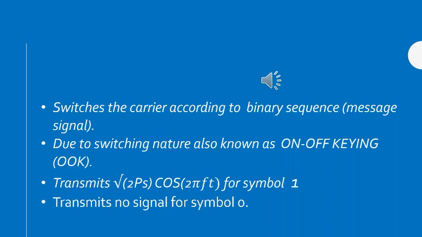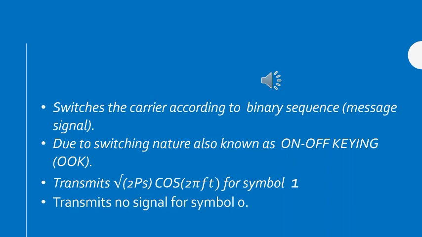That's why we have the signal A cos 2 pi fc t, and here we have substituted root 2Ps in place of A. So when there is symbol 1, this very carrier would be transmitted of this voltage. When there is symbol 0, no signal will be transmitted.